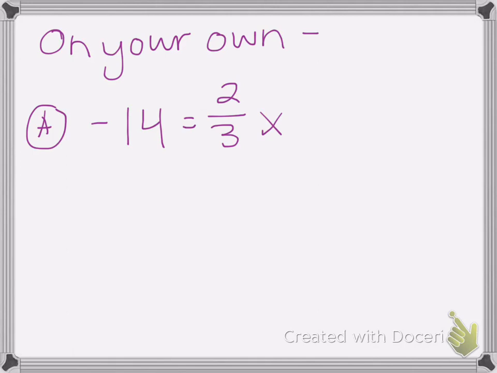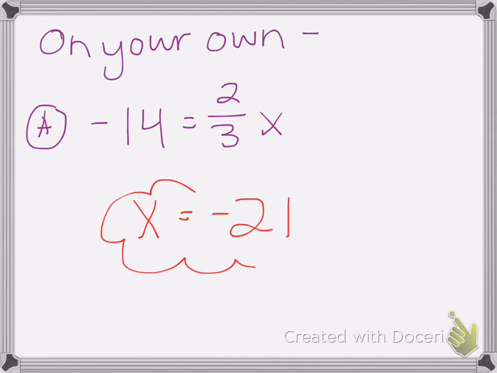Pause it. Your answer should be x equals negative 21. Did you get it? If you did, pat yourself on the back. You should have multiplied by 3 over 2, canceling it out.